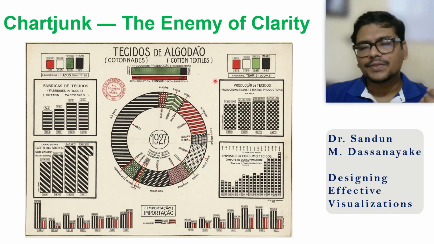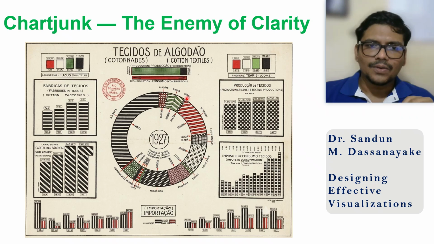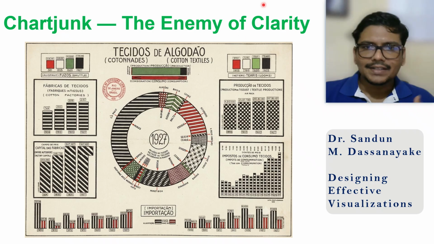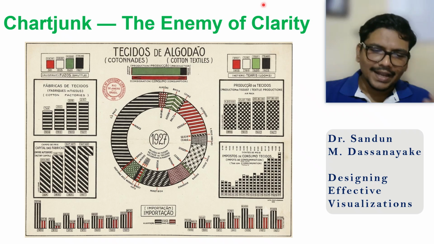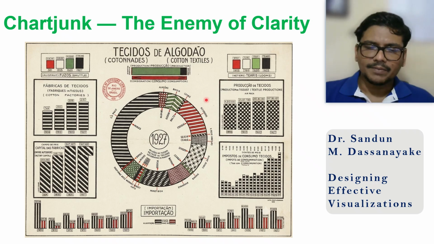Let me introduce you to one of Tufte's most well-known ideas, chart junk. Chart junk includes all the unnecessary visual elements added to a chart that don't actually reflect the data. You have probably seen it before.